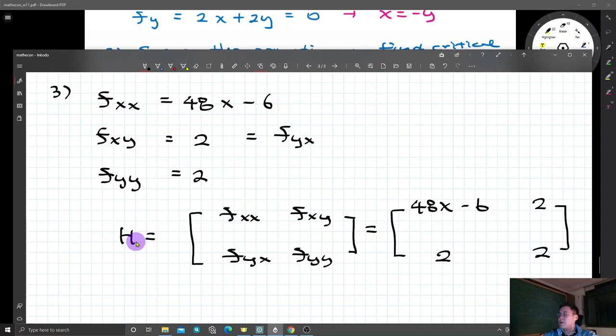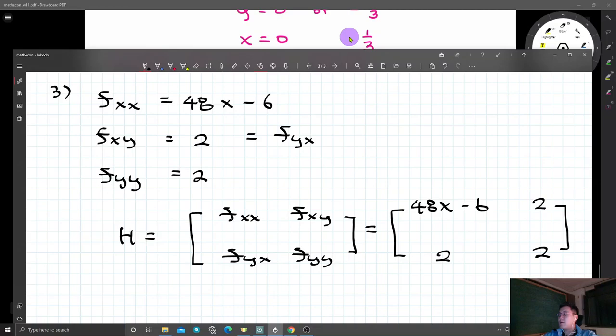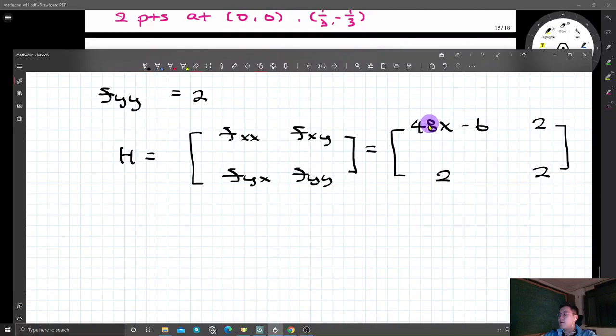Now we determine whether this is positive or negative definite. At (0, 0), the first critical point, the Hessian matrix is as follows, because 48x is going to be 0 at this point. Now we determine whether this is positive or negative definite.